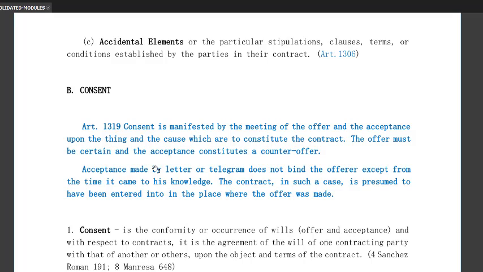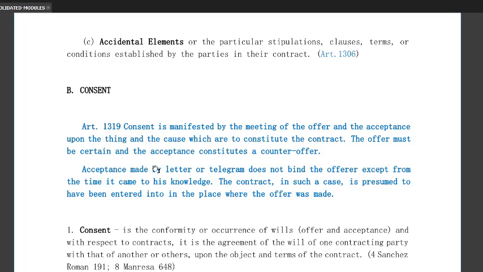So, yun po, importante po yun. And then, under 1319 as well, paano mo masasabi na nagkakaroon ng acceptance kapag ang acceptance ay through a letter or telegram? So, habang ang telegrama ng acceptance or letter ng acceptance ay nasakay ng barko, ng eroplano, or nakasakay ng truck, ay hindi po natin yun makokonsider na nagkakaroon pa ng acceptance.